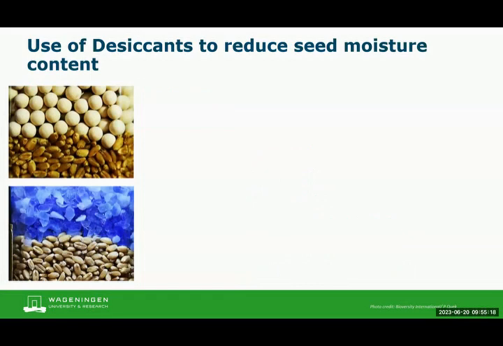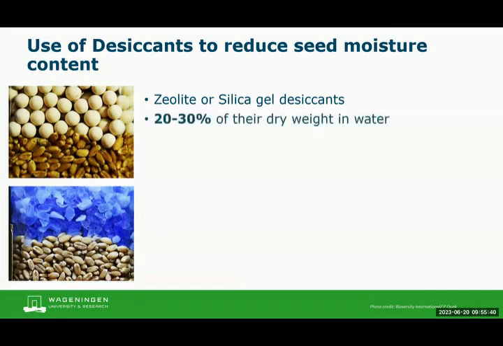And just to give you an example, there are different kinds of desiccants. There are zeolite beads, silica gel. Even baked rice is sometimes used. Sometimes brick dust is also used in Uganda. We have seen that in some community seed banks. So anyway, any kind of desiccant can be used, and these desiccants absorb around 20 to 30% of their dry weight in water.